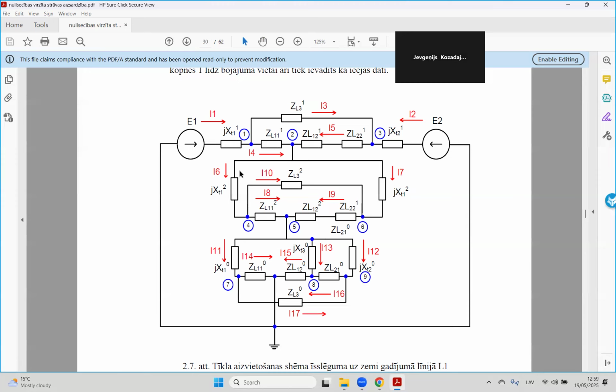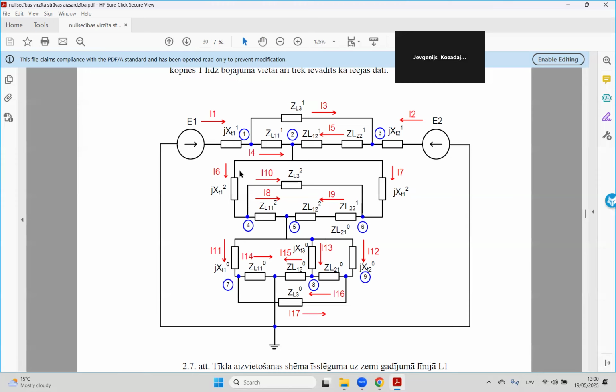This is how it is. Based on the fault type, we have different rules for how we connect sequences together. And this is an example of how this should be for a ground fault.